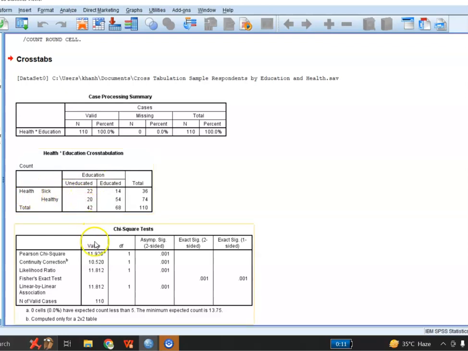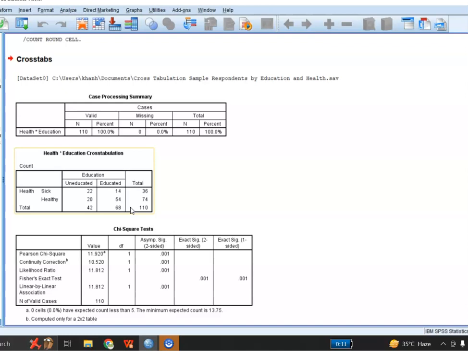So on the basis of the chi-square value and its p-value, we reject the null hypothesis and we conclude that there is some relationship between education and health.